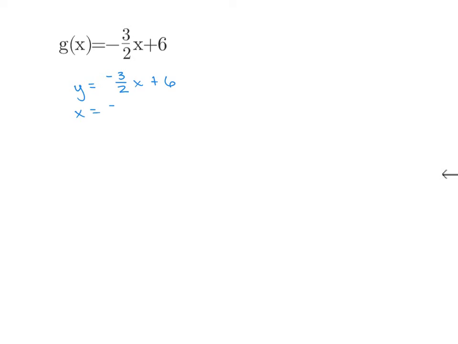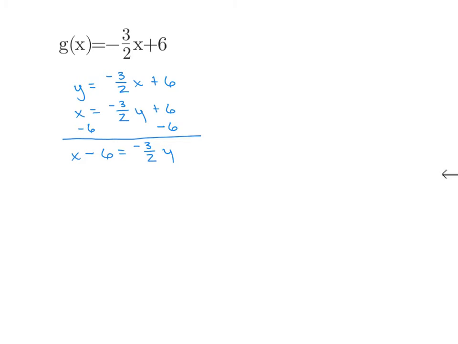So we get x equals -3/2 y plus 6. I'm going to subtract 6 from both sides. We get x minus 6 equals -3/2 y.